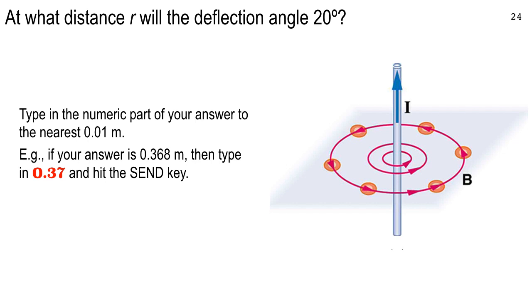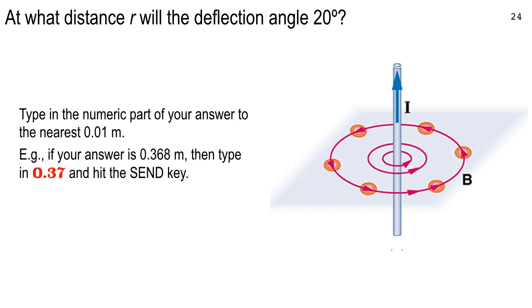Okay. And that's going to be Teslas. All right, so 8.955 times 10 to the minus 6 Teslas. All right. Then you just got to put these things back in here and solve for R.